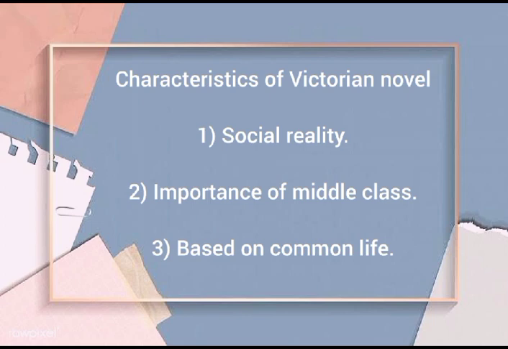At the time, most novels were written on social problems and conditions. Writers saw what was happening in society and what people were doing in society, and then wrote about these social problems and conditions. So it is social reality. Jane Austen and most novels are based on social issues.